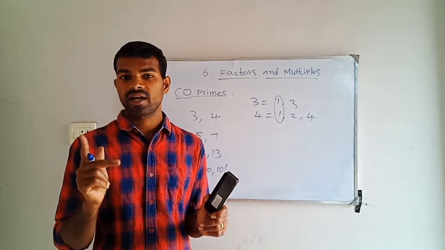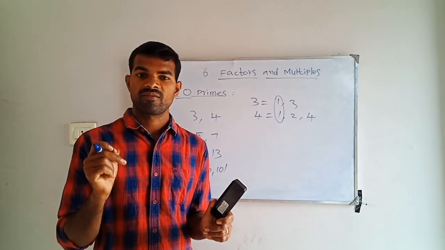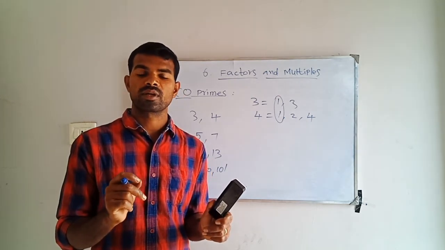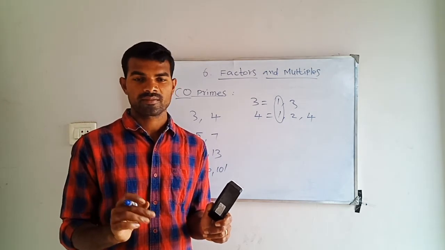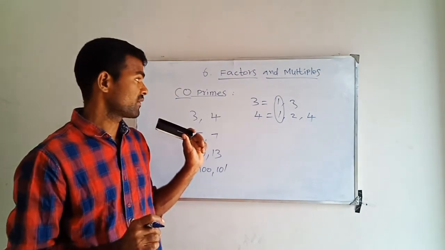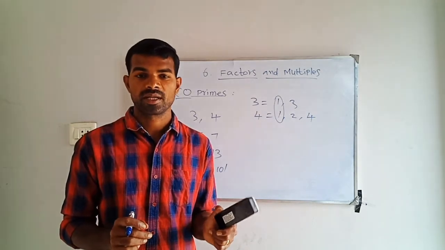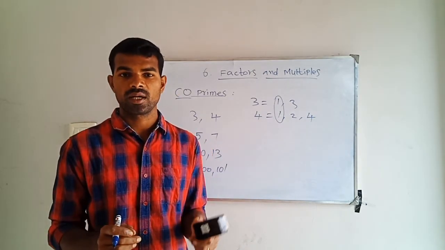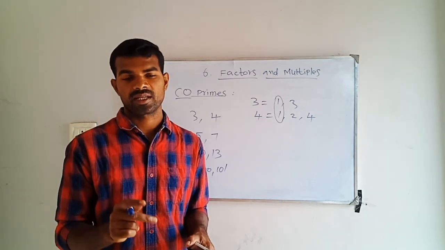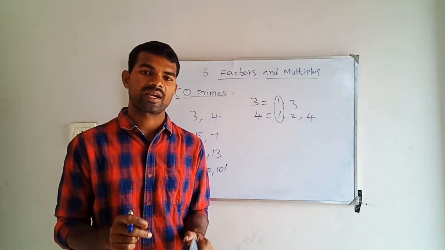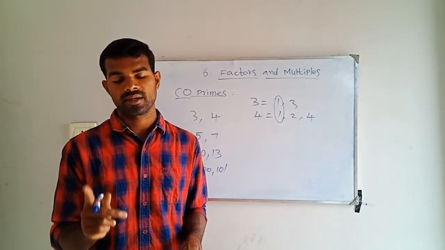If you divide by a factor, you get no remainder. Next we saw the prime number. A prime number has only two factors, one and the number itself.